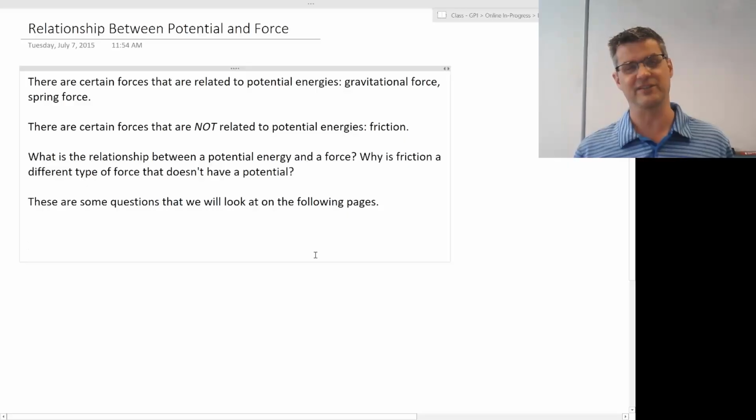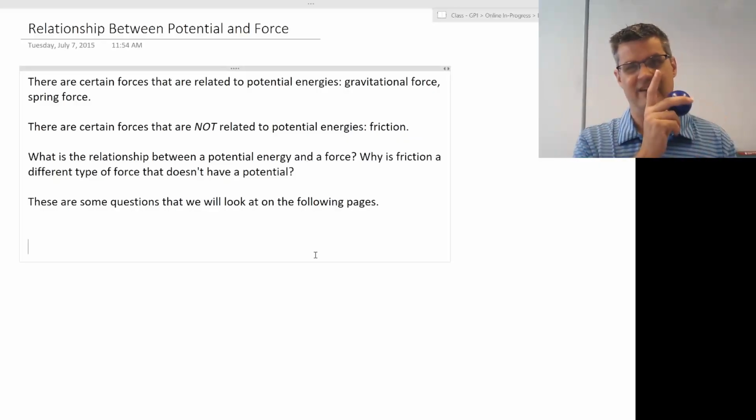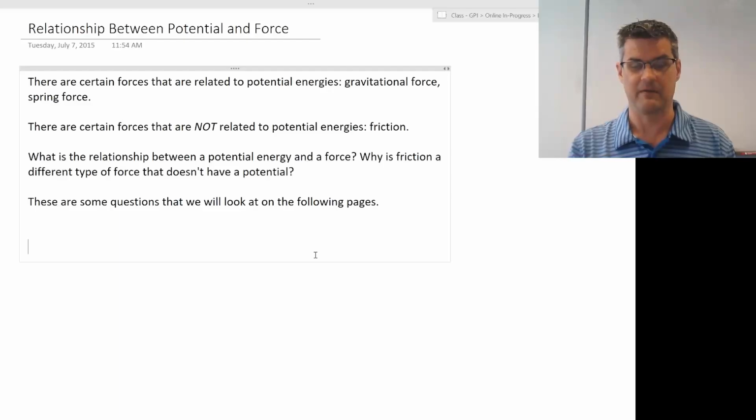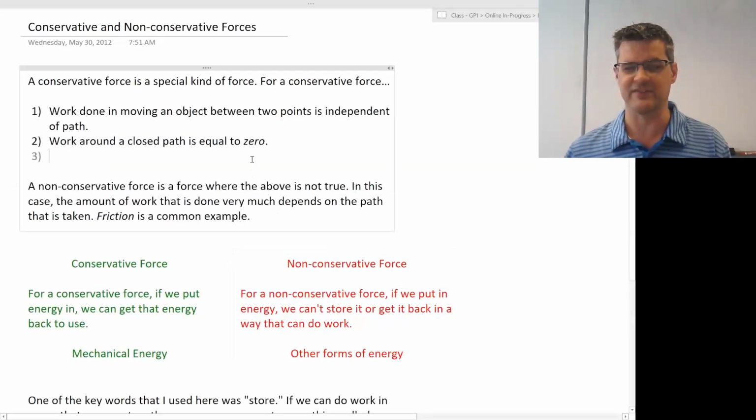And in some situations, there is not a relationship between force and potential energy. Every time I do work over some distance, I am putting energy into the system. But not all energies necessarily go into a mechanical form. And that's really the difference between two different kinds of systems.